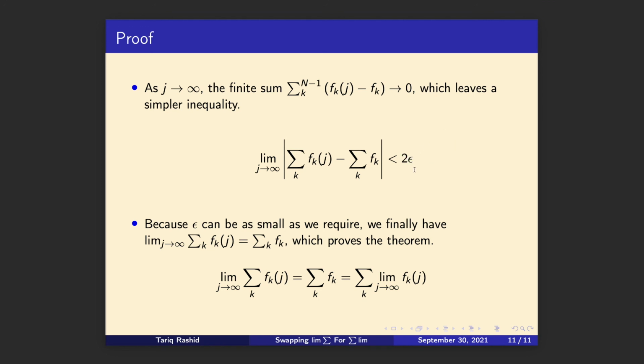Now remember, epsilon can be as small as we require. So this is saying that in the limit, the magnitude of the difference of these two quantities is less than any epsilon that we can think of. In effect, the difference is 0. That's quite a common technique, this epsilon technique, and it's used quite a lot, with slight variations.